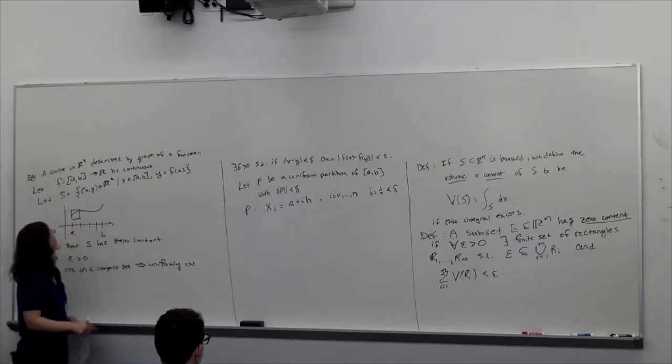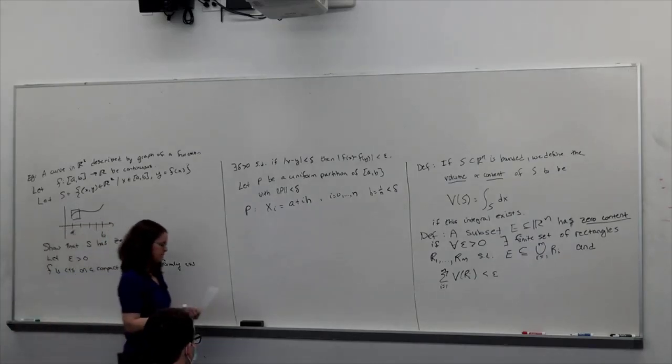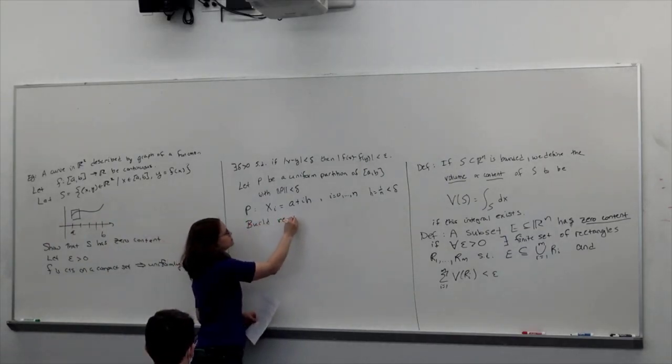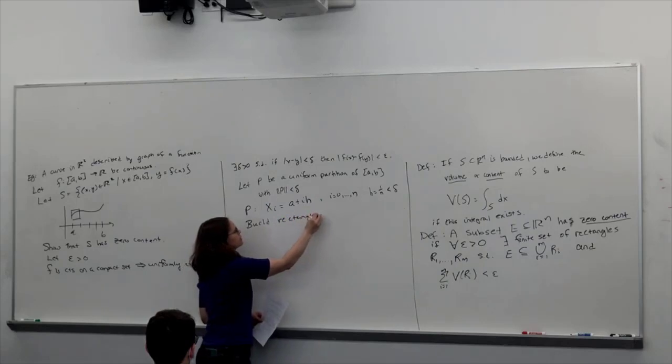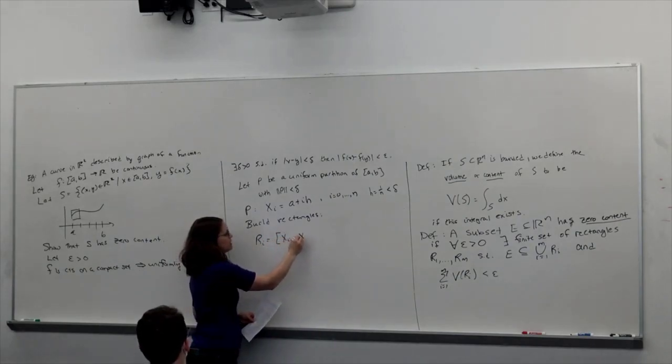All right, so this component of the rectangle is kind of easy, right? Our partition has decided what the base of our rectangles are going to be. So let's build rectangles. So the ith rectangle, well, along its base, we're just going to go from x_{i-1} to x_i.